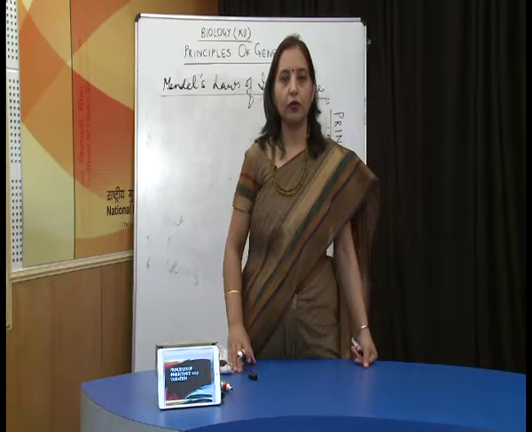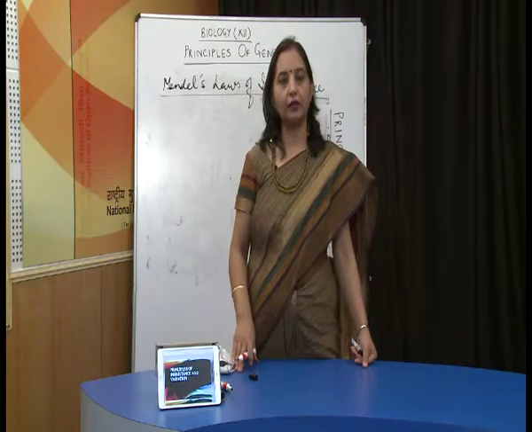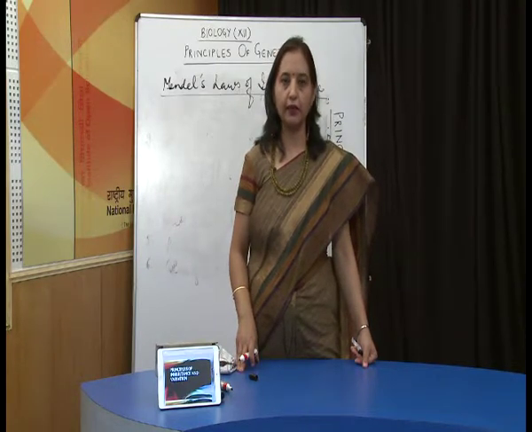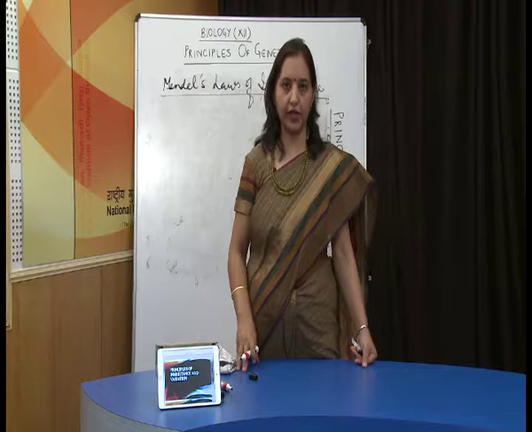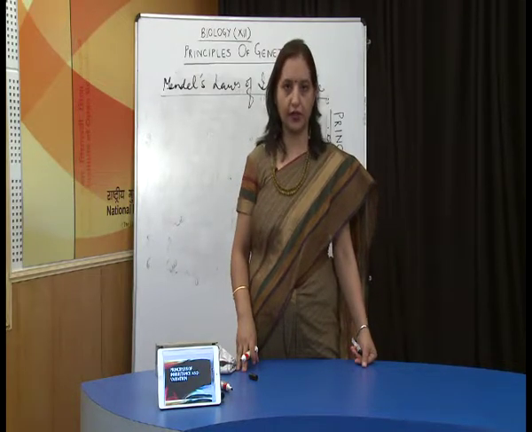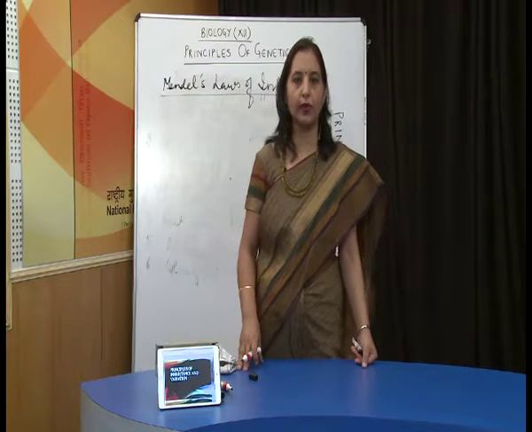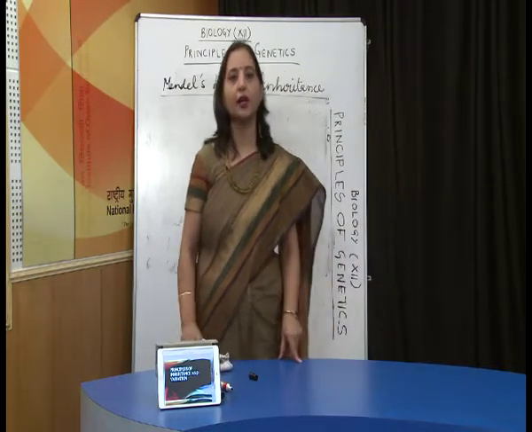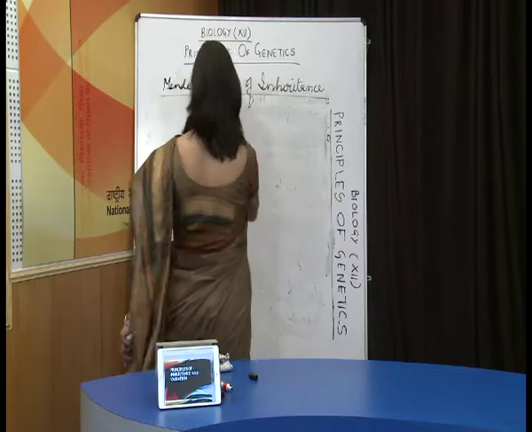After making all these studies, Mendel finally gave 3 laws of inheritance, which are today known as Mendel's laws of inheritance. We'll talk about these laws one by one. The very first law is the law of dominance.